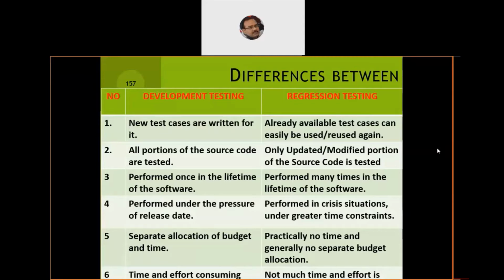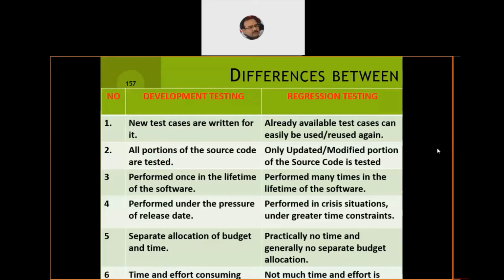If you're carrying out a modification only in, let's say, lines 501 to 510, then we should properly test this portion of the code first. And thereafter, yes, maybe our consequent action can have a ripple effect on other lines of code, then we can test even that. First of all, we should properly test only the modified portion of the source code.